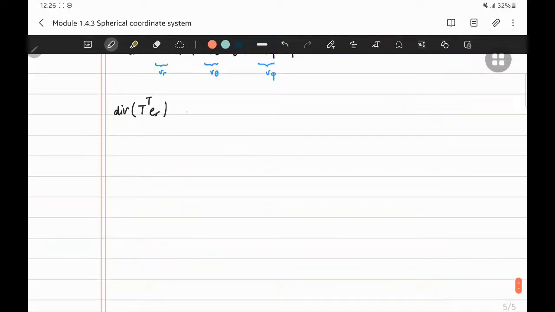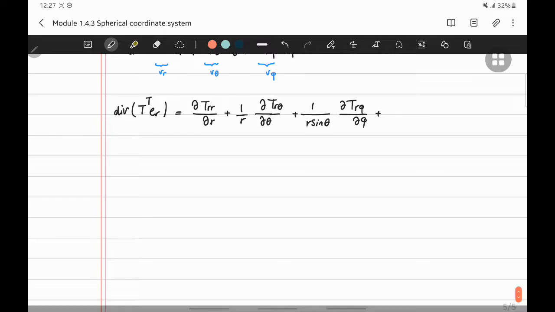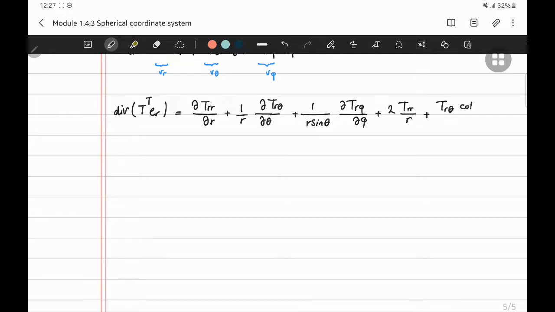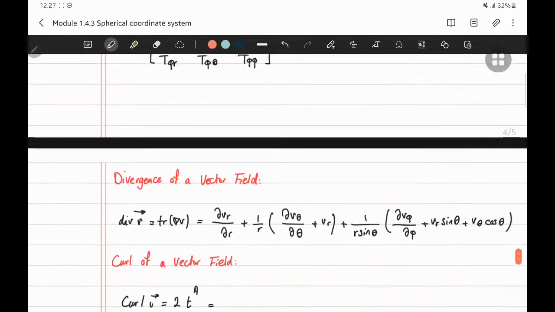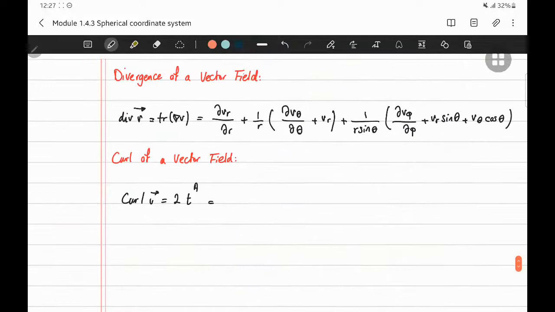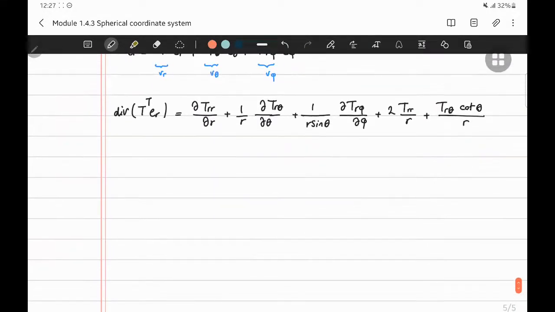We have the partial derivative of TRR with respect to R, plus 1 divided by R times the partial derivative of TR theta with respect to theta, plus 1 divided by R sine theta times the partial derivative of TR phi with respect to phi, plus 2 times TRR divided by R, plus TR theta cotangent of theta divided by R. Maybe I call this, so we had 7, I call this 8, and we say here we got this from 8.